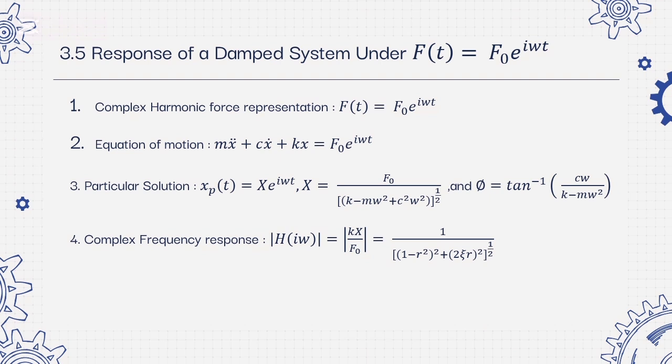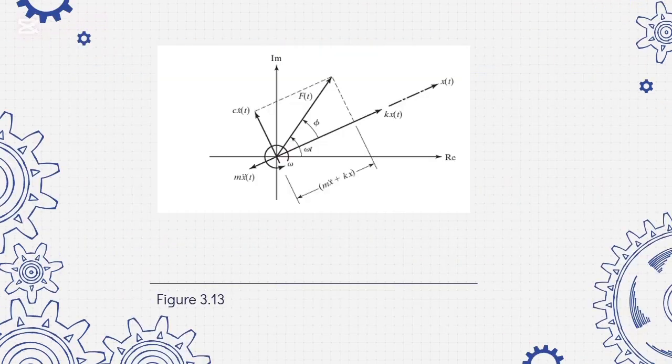You see in figure 3.13, it visualizes the harmonic motion of a damped system using rotating vectors in the complex plane, simplifying the equation of motion. Each of the force, mass acceleration, damping, and spring stiffness is represented as a vector rotating at angular velocity. The mass acceleration leads the displacement by 180 degrees.